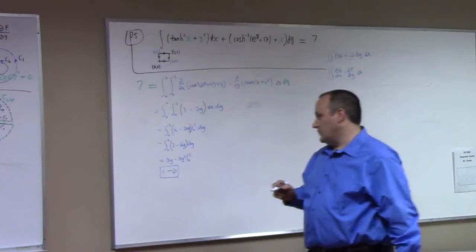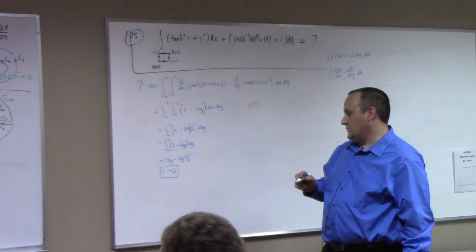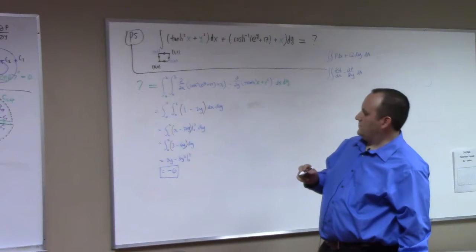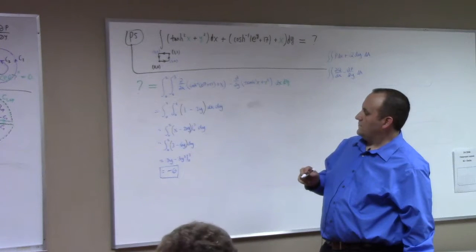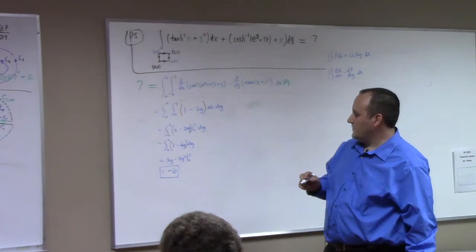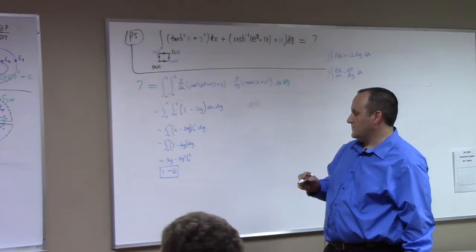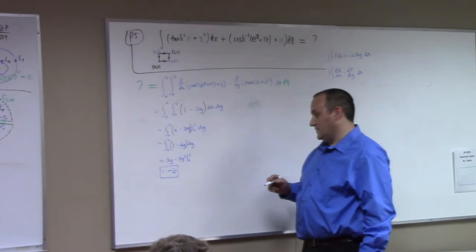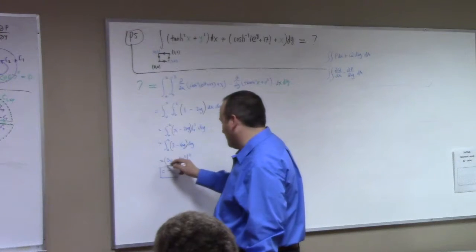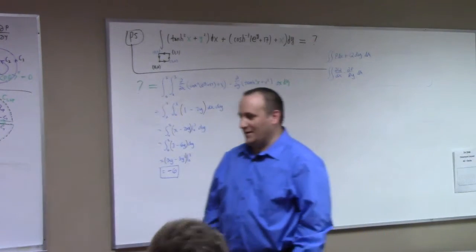And then that's 3y minus 3y squared, value from 0 to 2, which gives me 6 minus 12, otherwise known as minus 6. Oh, yeah, I guess so.